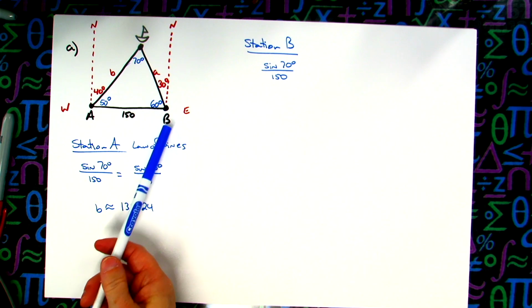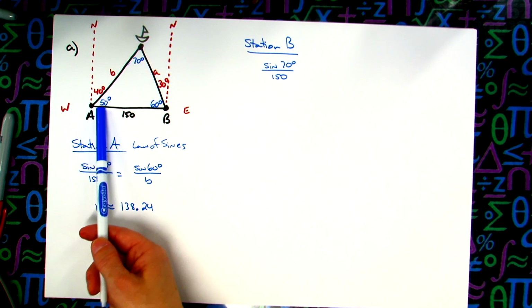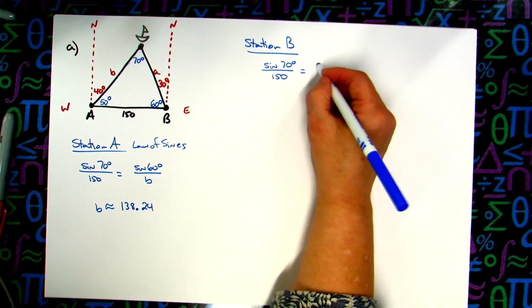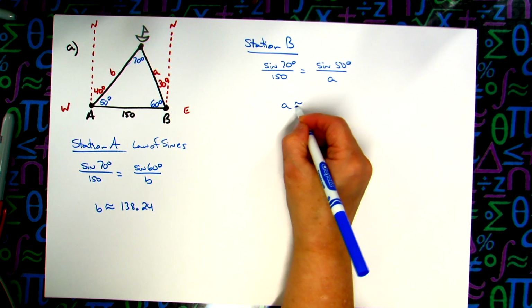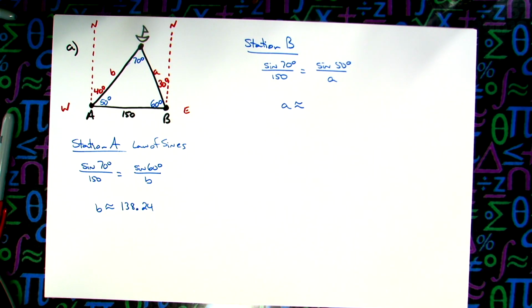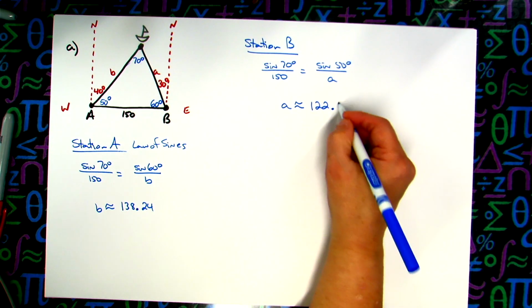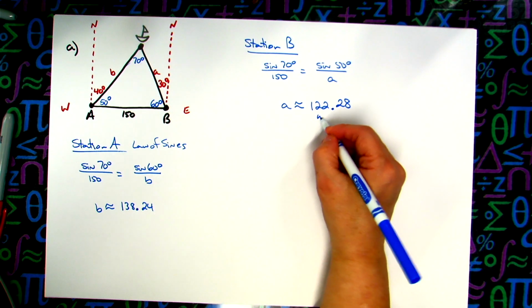And then if I want station B, which is going to be side A, I'm going to use sine of the 50 over the A. And then I'll let you cross multiply down. Okay, did we get roughly 122.28?